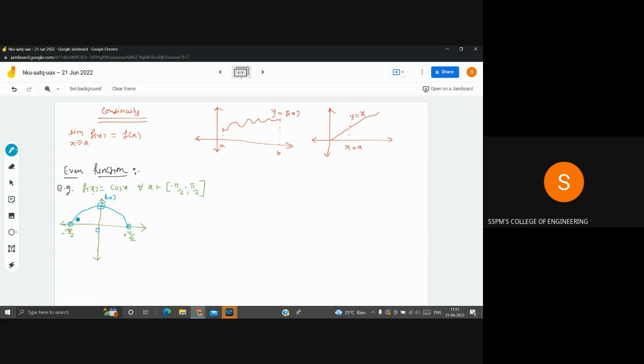As much curve as is on the left side is on the right side. It means that the function is symmetrical to the f of x axis, and when it is symmetrical to the f of x axis, then the function is called an even function.